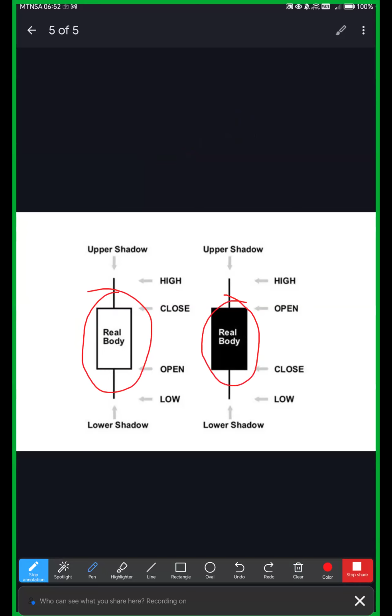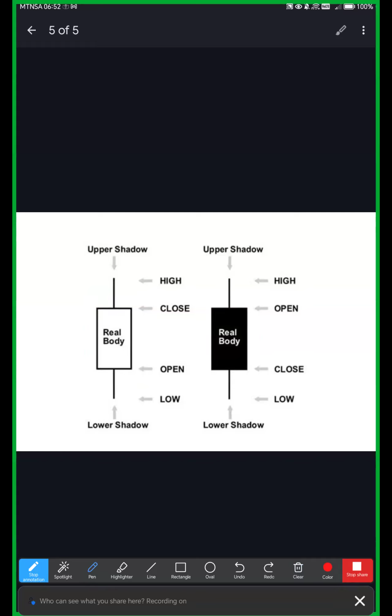All right, so when it comes to a candlestick, like I said, why do we use candlesticks? Candlesticks are flexible. They give you valuable information when it comes to the opening of the price, the closing of the price, how high the price went, and how low the price went.